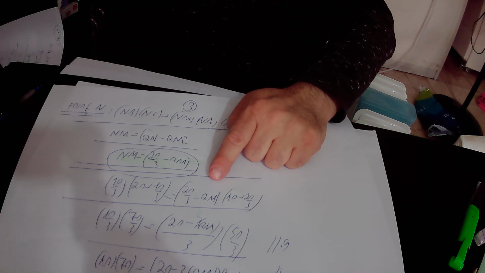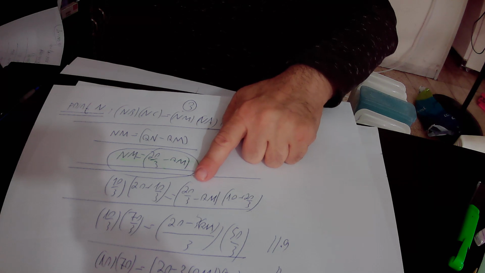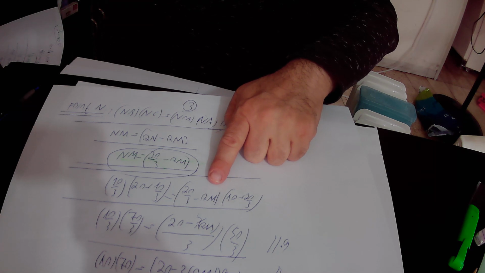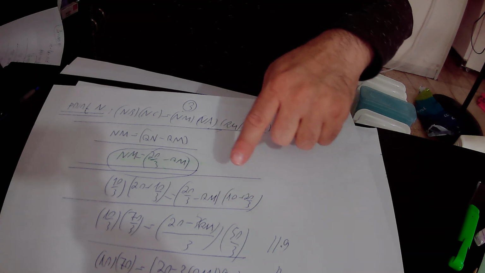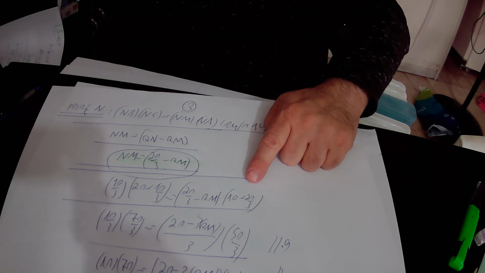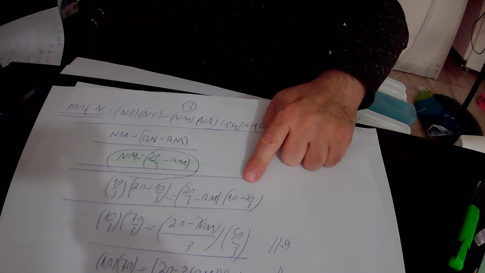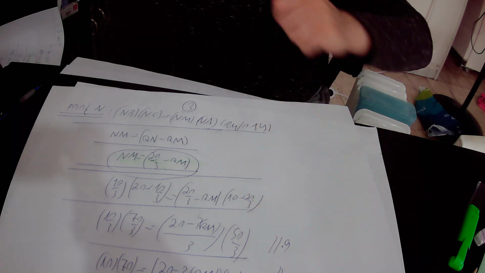This equals 20 over 3 minus QM, and we multiply minus QM by 3 and divide by 3 to get a common denominator, so the numerator is 20 minus 3QM, over 3, times 10 plus 20 over 3. We multiply 10 by 3, that is 30, and 30 plus 20 is 50, so we have 50 over 3.